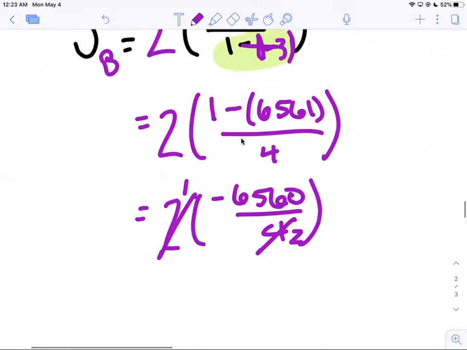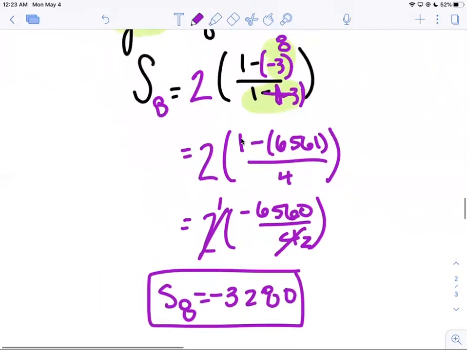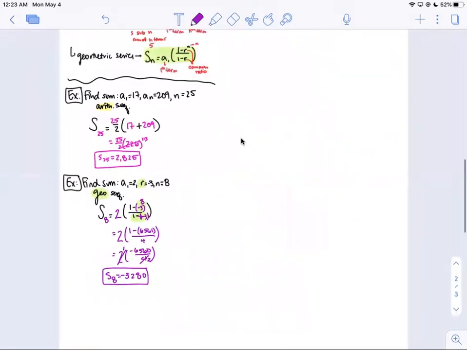So then I'm just going to divide negative 6,560 by 2. And that's going to give me -3,280. And that's my S sub 8, my sum of the first 8 terms in this geometric series. All right. If you have any questions, let me know. Right now, we're just plugging and chugging.